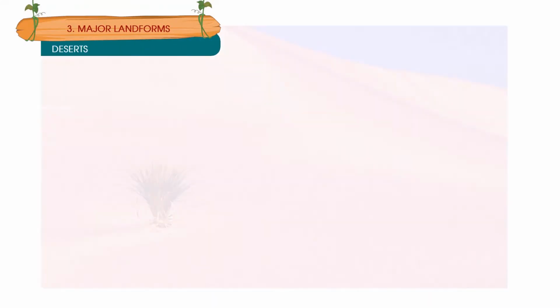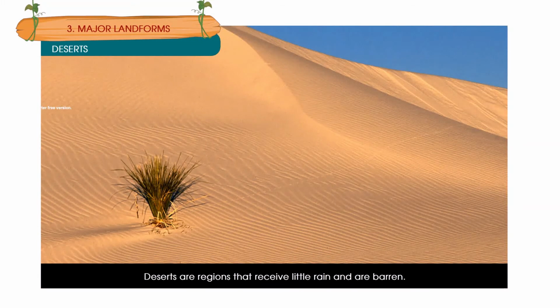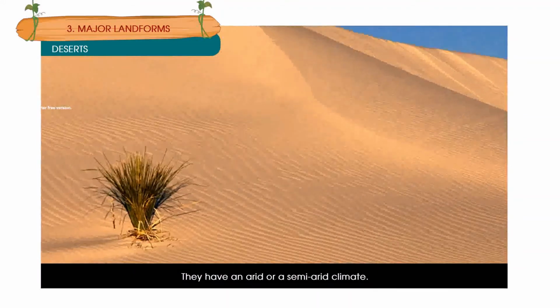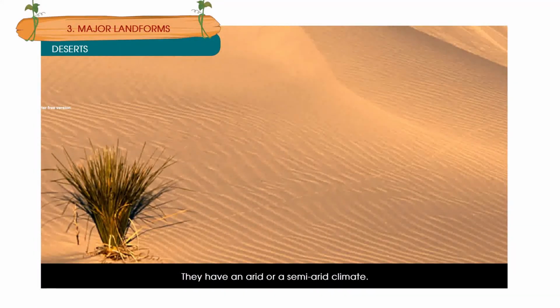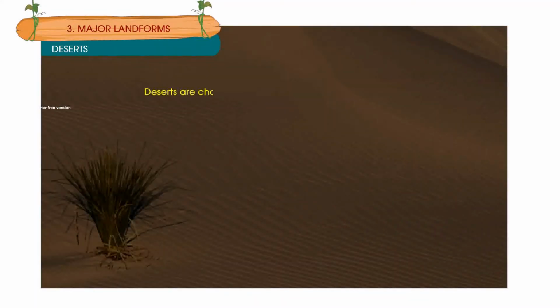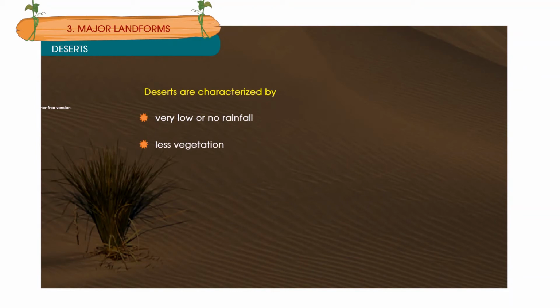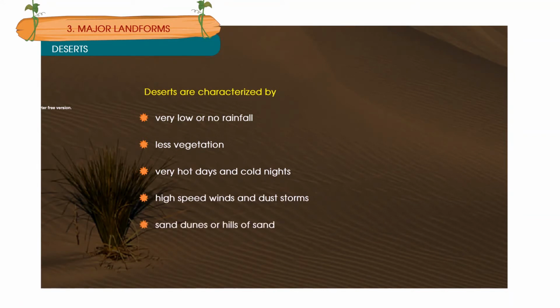Deserts. Deserts are regions that receive little rain and are barren. They have an arid or a semi-arid climate. Deserts are characterized by very low or no rainfall, less vegetation, very hot days and cold nights, high-speed winds and dust storms, sand dunes or hills of sand.